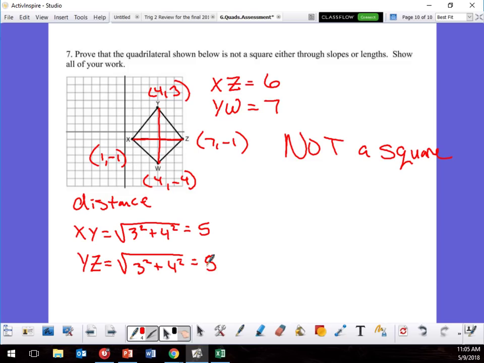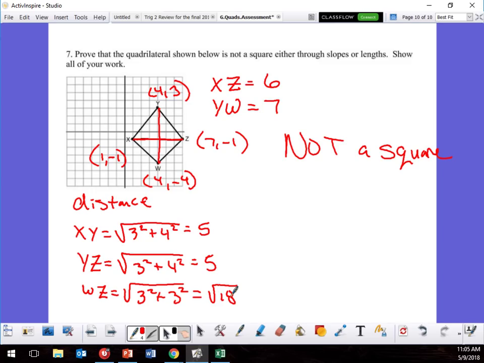Okay, let's do WZ. How far is it from 4 to 7? 3, very good. How far is it from -4 to -1? 3. So that's going to be 9 and 9, that's square root of 18, right?